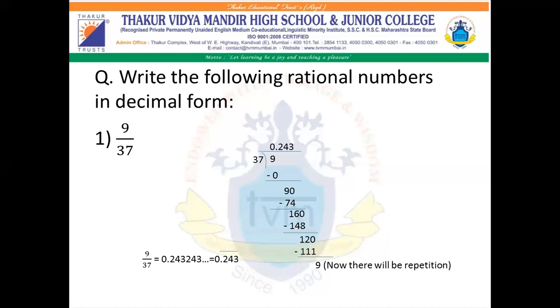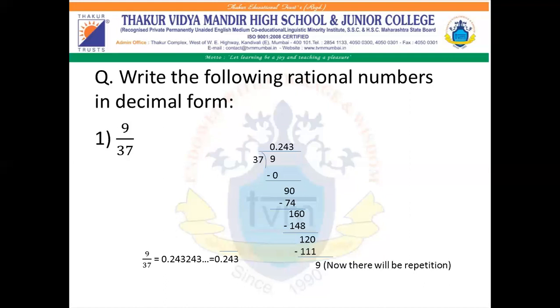So put 0 after the number 12. In 120, 37 is going 3 times. 37 multiplied by 3 is 111. So by subtracting 111 from 120, we got the remainder 9.